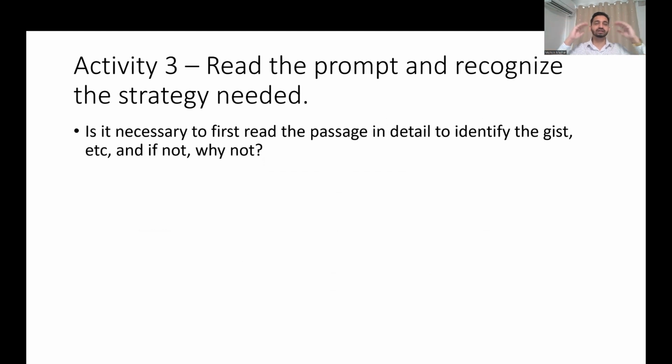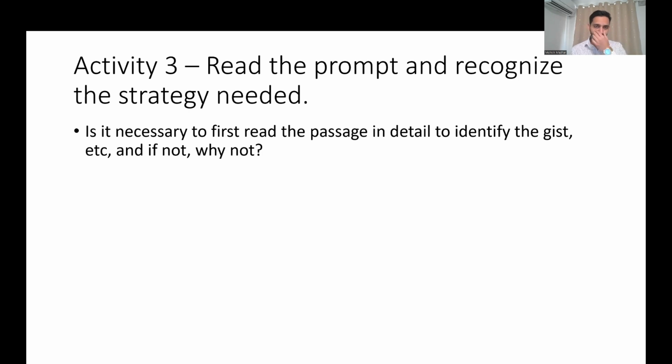Sometimes you'll have to read the options before you read the passage. So it really depends on what kind of prompt you're looking at. So read the prompt and recognize the strategy needed. Let me ask you this question. Is it necessary to read the passage in detail to identify gist? If not, why?